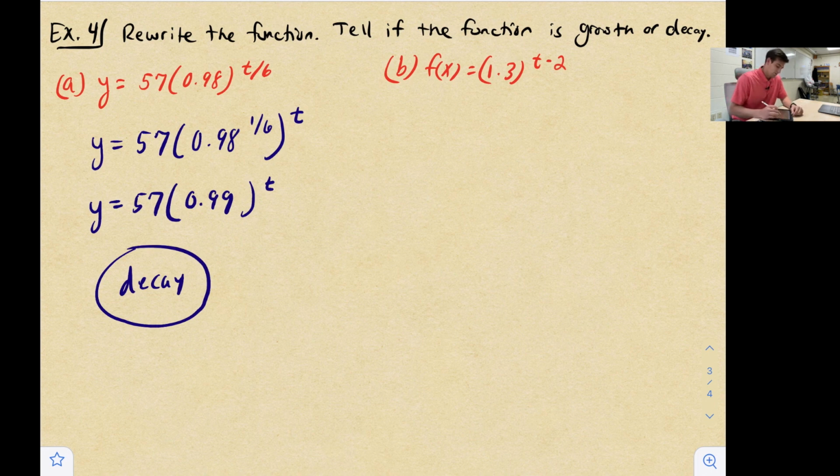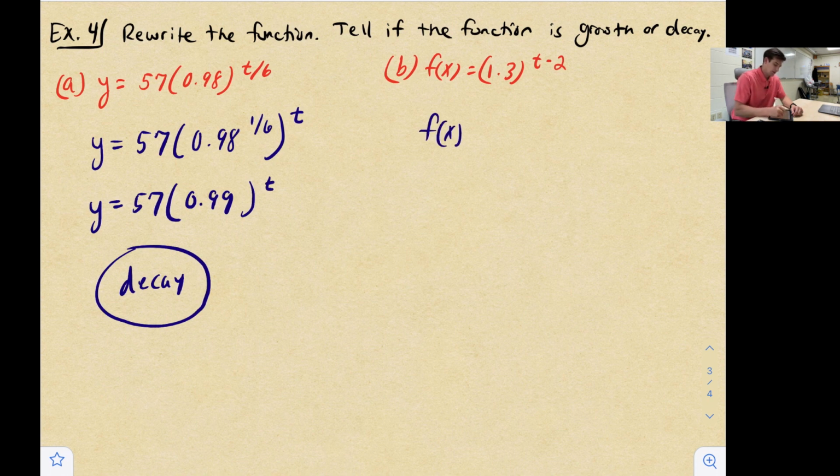All right, and the last example, our exponent here is subtraction. So we think back to our properties of exponents, and one of the properties was MADS, right? And that told me if I have two expressions that have the same base and we are multiplying them together, we can add their exponents. If we are dividing with the same base, we can subtract their exponents. So we see here we have subtraction.